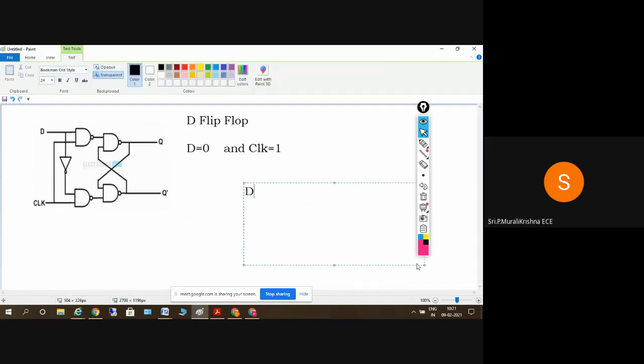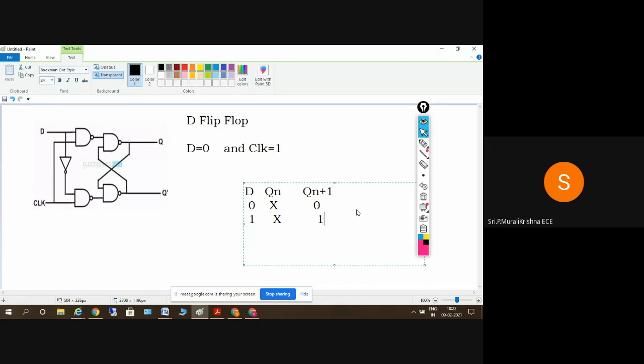So D is the input, Q of n is the present state, and Q of n plus 1 is the next state. So D will be equal to 0, irrespective of the value of Q of n. So when D is 0, what did we get? We got a 0. Yes or no? Yes, sir. So when D is equal to 1, irrespective of the present state, the value of Q of n plus 1 is 1 here.